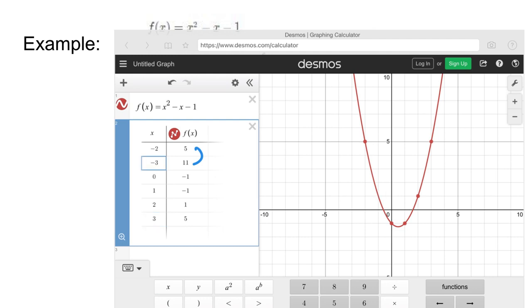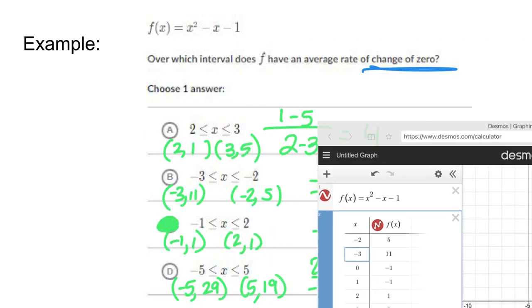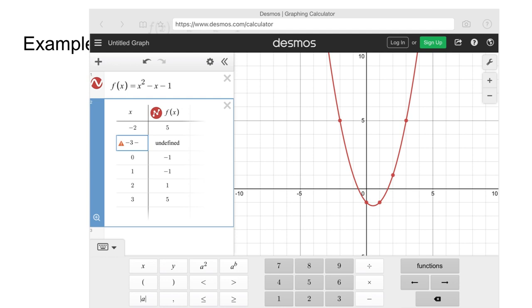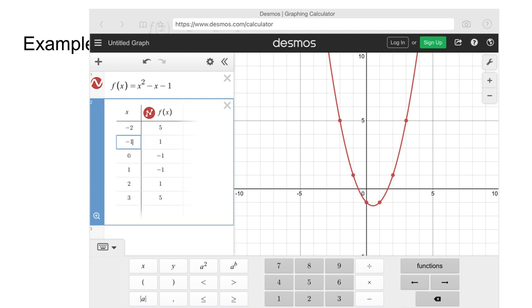But if you look at the next one, and they ask us to look at negative 1 to 2. So we'll change this back to negative 1. If they ask us to look at what happens when you change from negative 1 to 2, it stays 1. It doesn't go up or down. It stays the same. It stays constant.